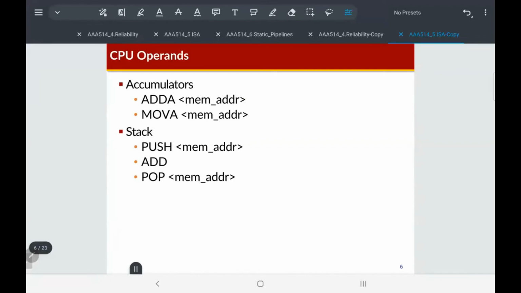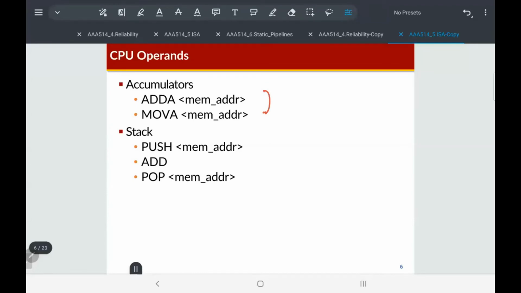So we can see some different types of operands of the instructions. This is a very old type of instruction, like accumulator instructions. So add A, add accumulate A. We can also implement this type of accumulation instruction.